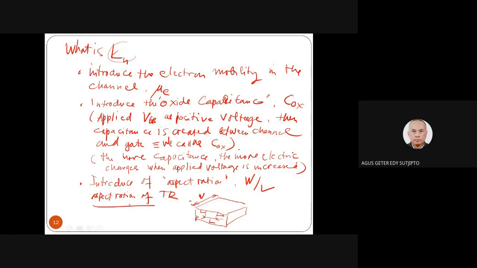From these three, the introduction of mobility, oxide capacitance, and aspect ratio of the transistor, we can get the Kn. We call it the conductance coefficient, Kn.